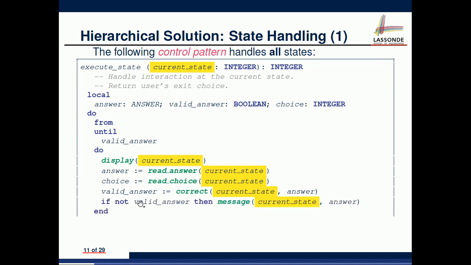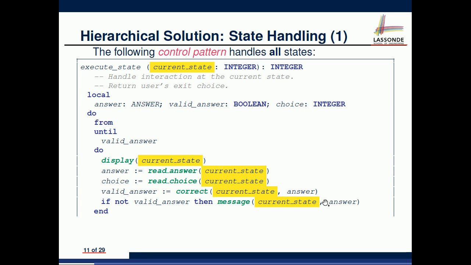Now we simply say if the answer is not valid, then we're going to give them some error message or a confirmation message, again depending on the current state. I keep saying depending on what the current state is, the display, read answer, read choice, correct and message all look different. Depends.